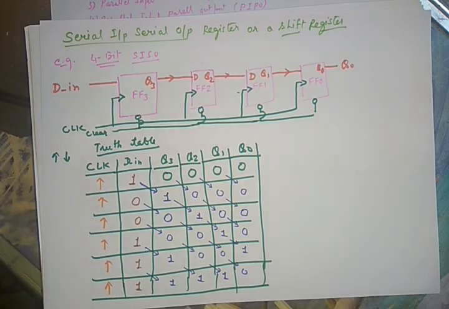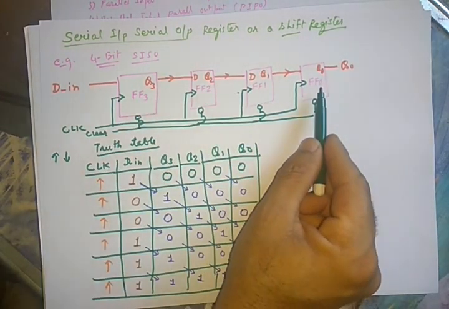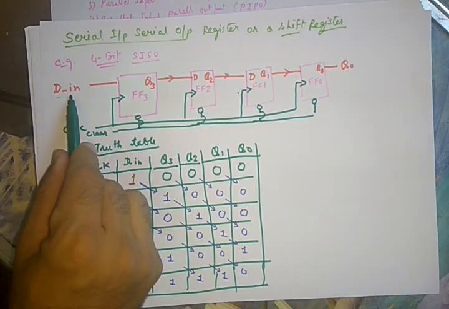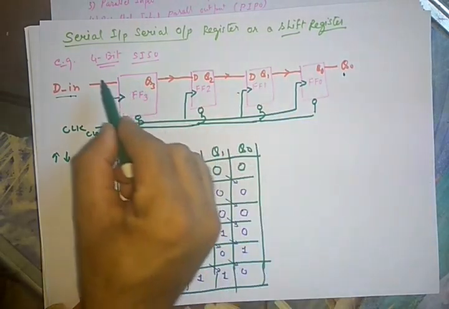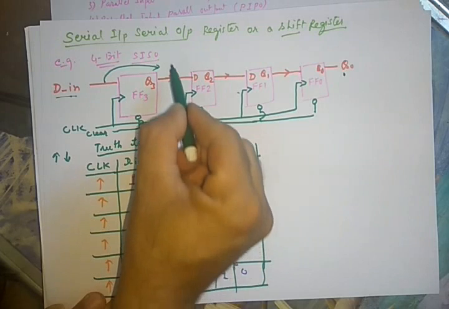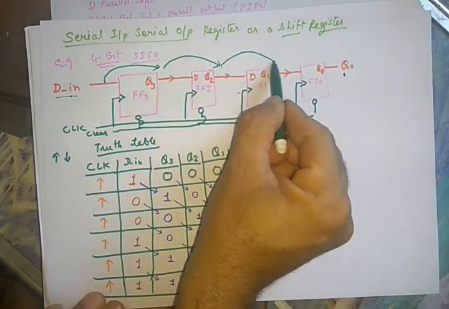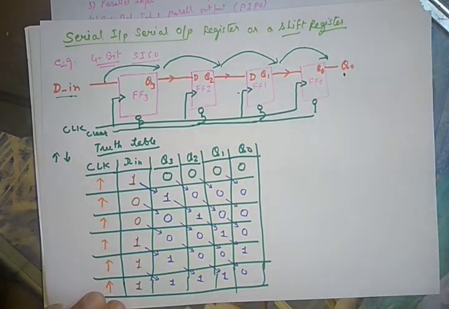Now we need 4 clock pulses to shift this data in from input side to the output side. That in first clock it will move from this position to this position, in second clock it will move from this position to this position, in third clock it will move from this position to this position, and in fourth clock it will move from this position to this position.